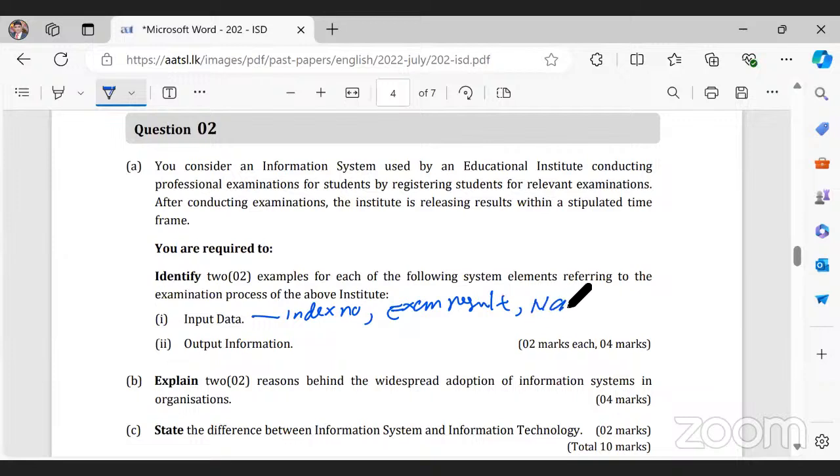Personal details like name, address, and so on, and contact information.